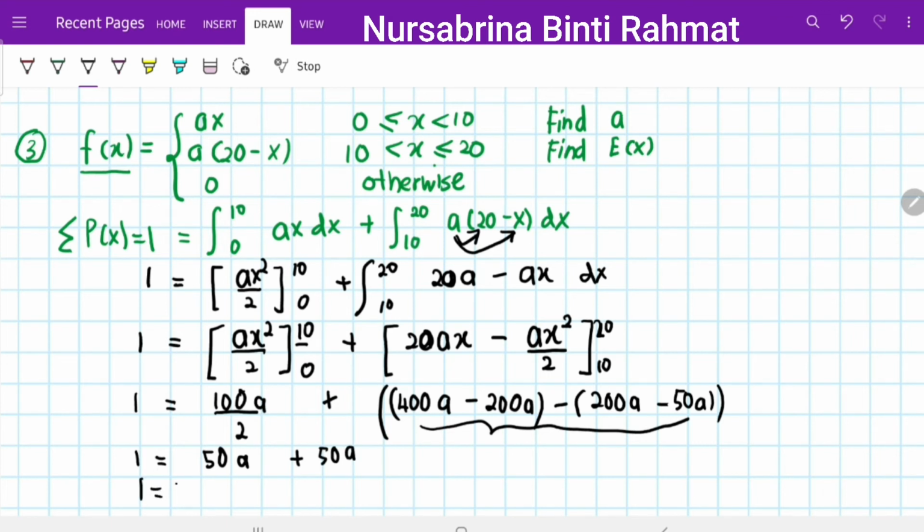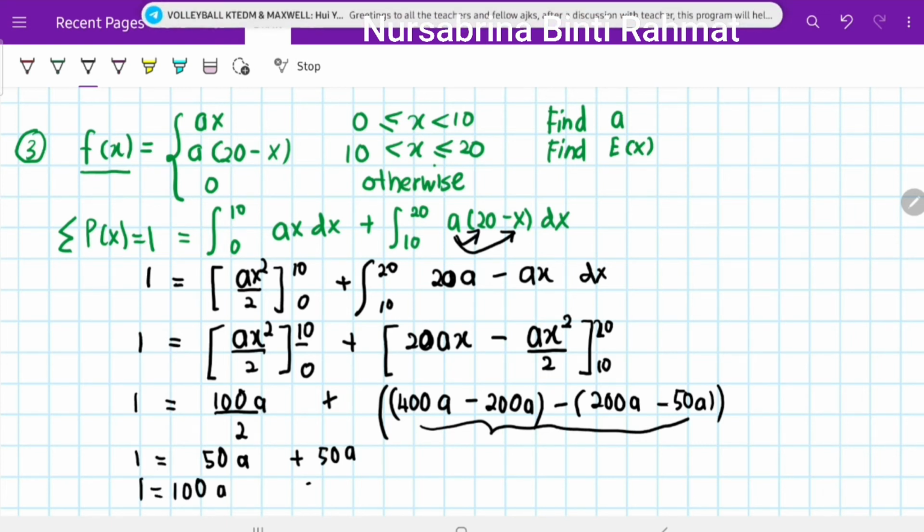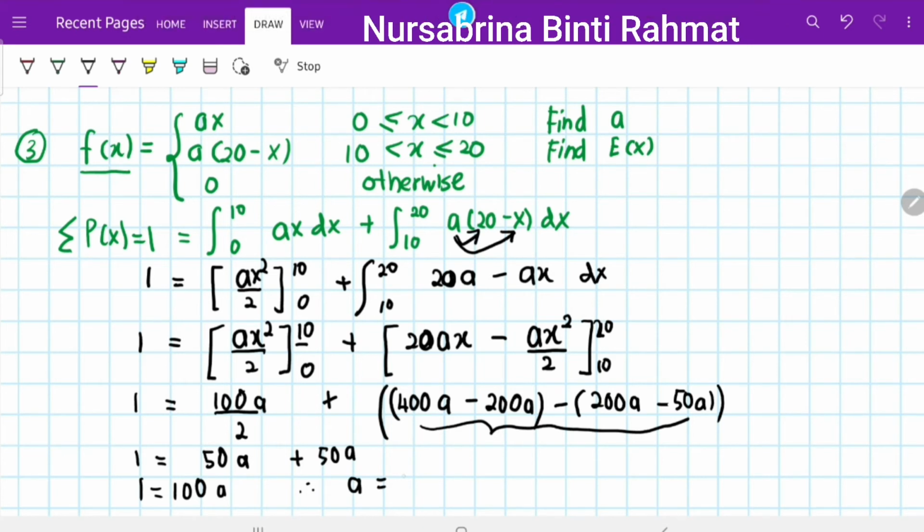So 1 equals 100a, therefore a equals 1 over 100.